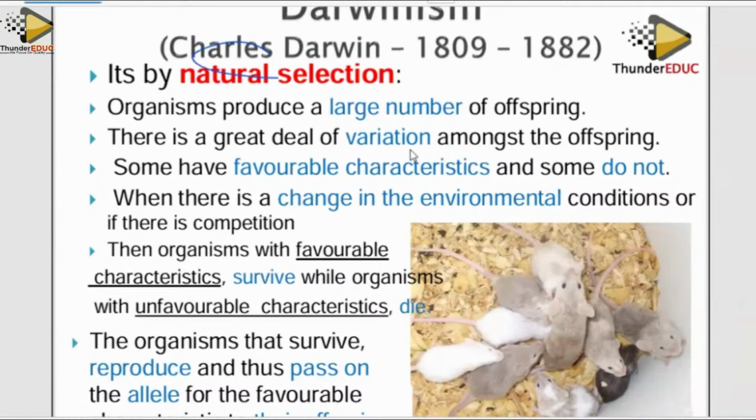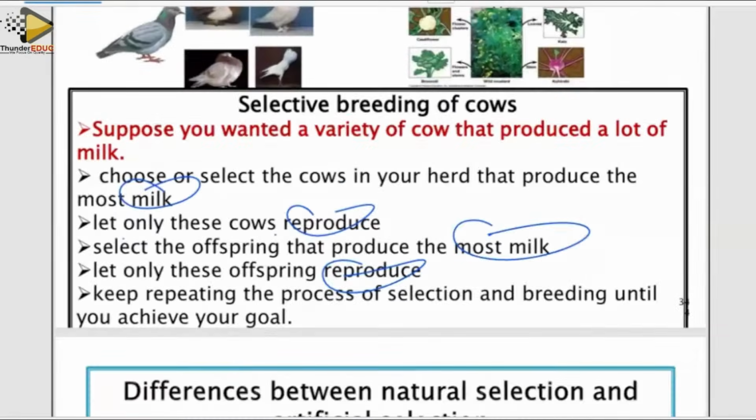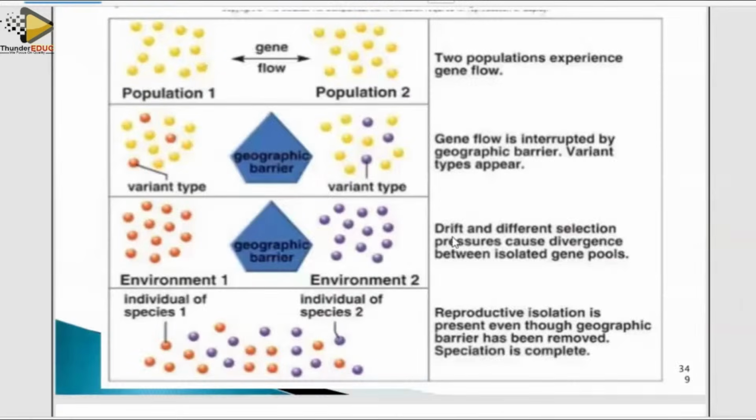You are busy describing natural selection. Those with long necks are able to compete and survive in the environment because they can reach the tall tree plants to get food. Those with short necks cannot reach the tall plants, so they die out. They have an unfavourable characteristic. Those with long necks pass their genes to the next generation. Then in many generations, all offspring have long necks. So that is evolution by natural selection.